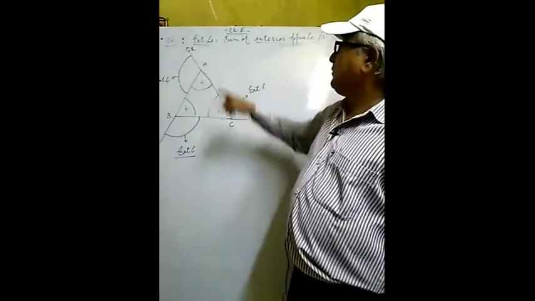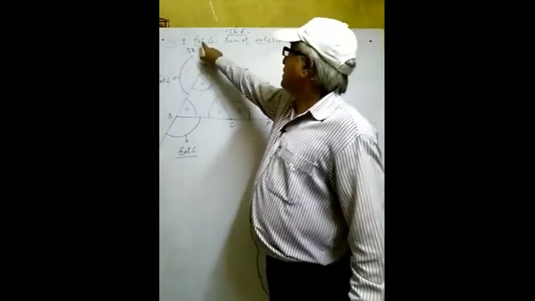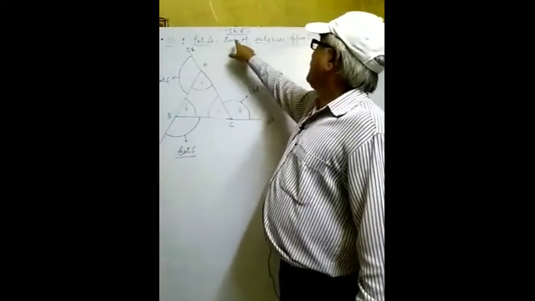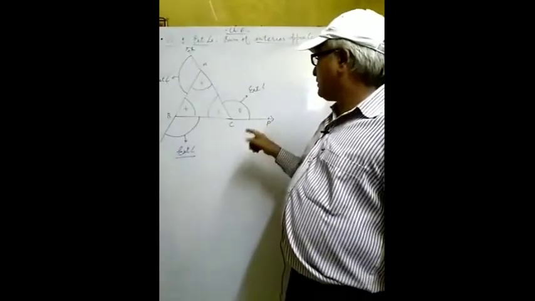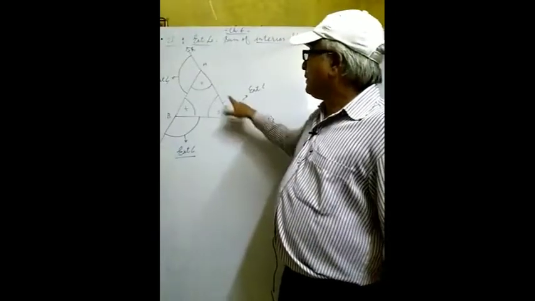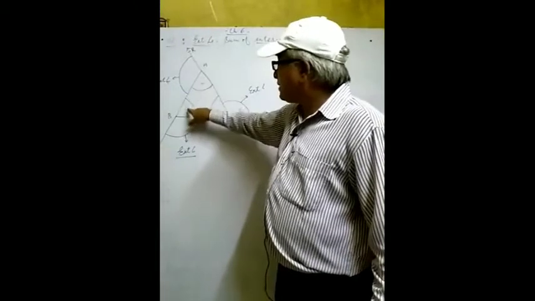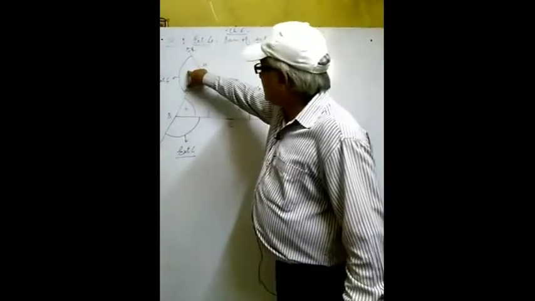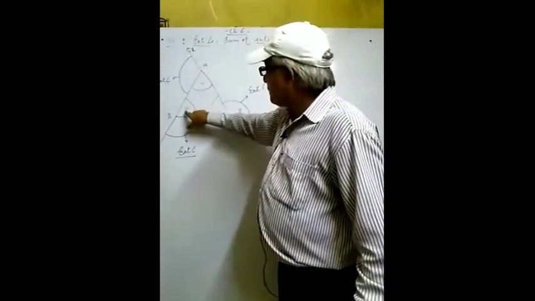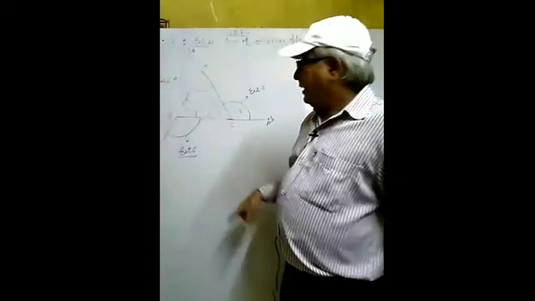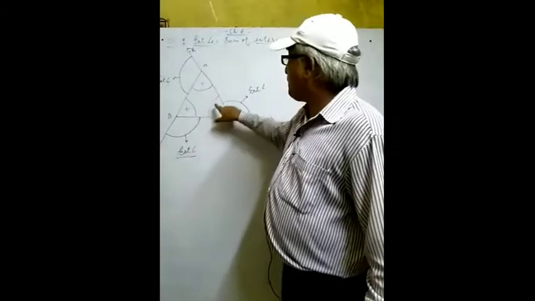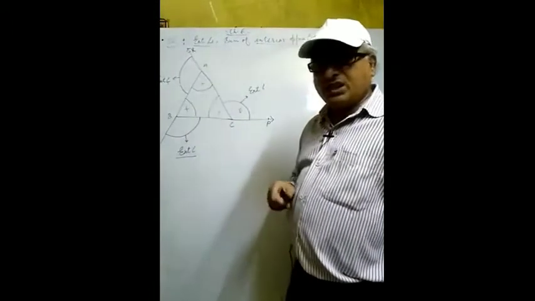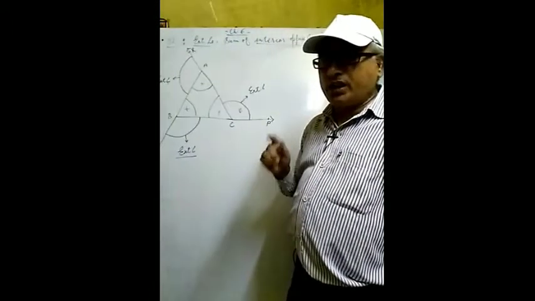It means we have to prove that an exterior angle equals the sum of the interior opposite angles. This angle is equal to the sum of this one and this one. This exterior angle is equal to the sum of this one and this one. And this exterior angle is equal to the sum of this one and this one. This is the theorem we have to verify.